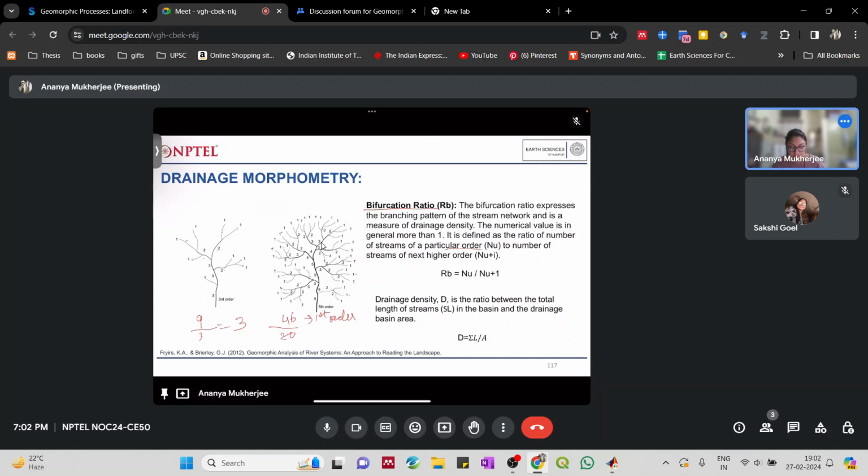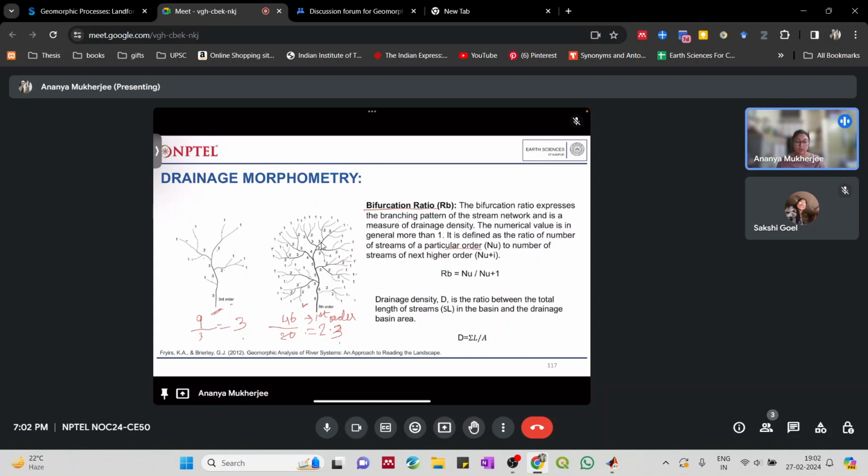So that would be around 2.3, okay. So you can see that the bifurcation ratio of the first order streams with respect to the second order streams for this drainage basin and this drainage basin is different. This is much higher and this is lower, okay.